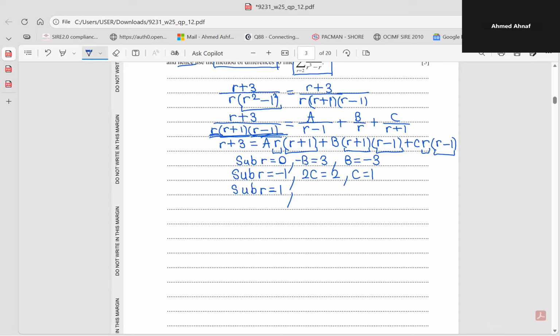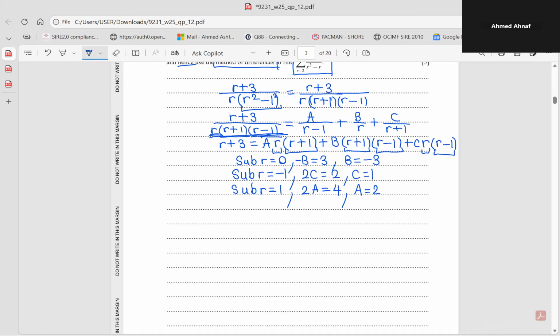And then a times 1 plus 1, that's just 2. So 2a equals r plus 3, which is 1 plus 3, that is 4. And then a is going to be equal to 2.